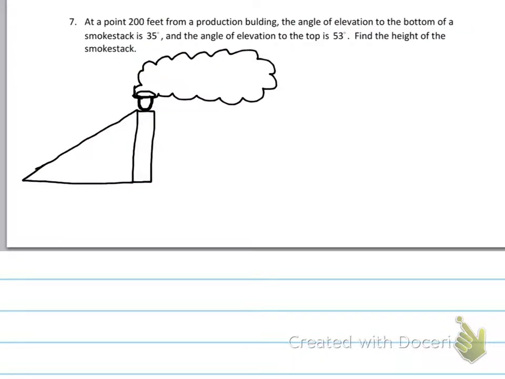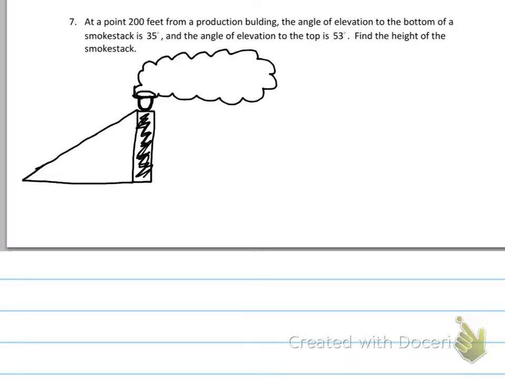Okay, so at a point 200 feet from a production building, which this is my building right here, the angle of elevation to the bottom of the smokestack is 35 degrees. So, to the bottom of the smokestack would be 35 degrees.